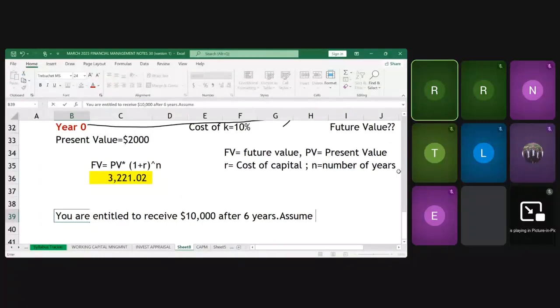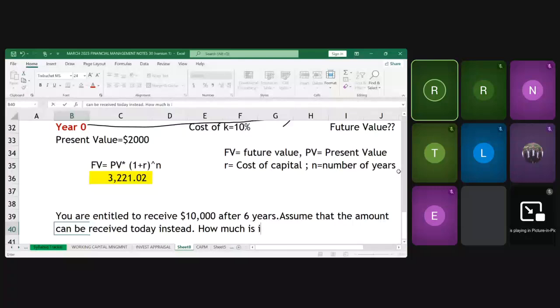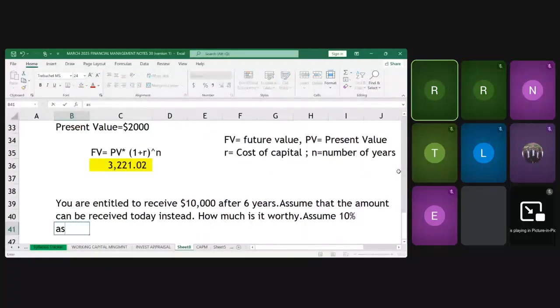Assume that the amount can be received today instead. How much is it worth, at a cost of capital of, assume, 10%?